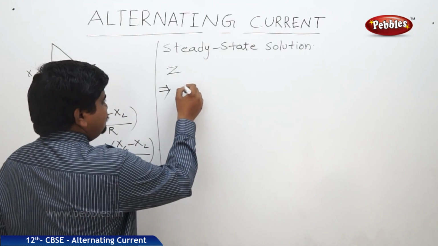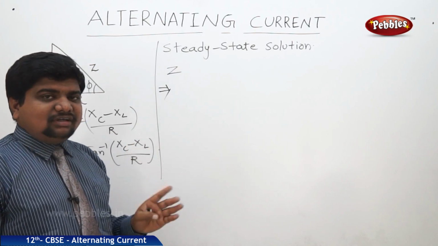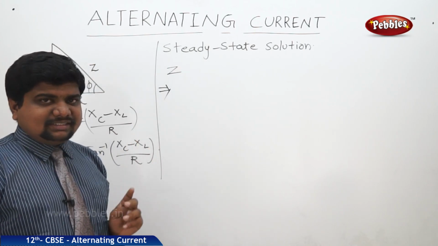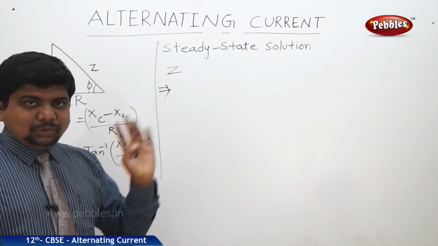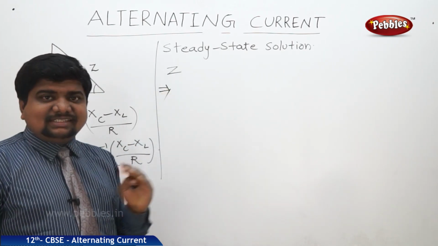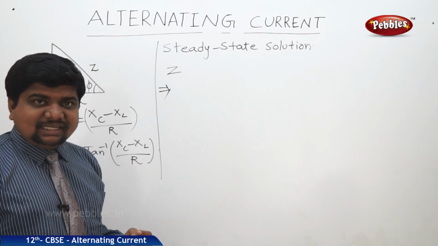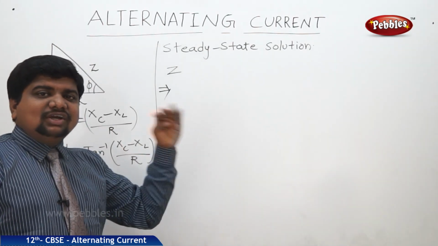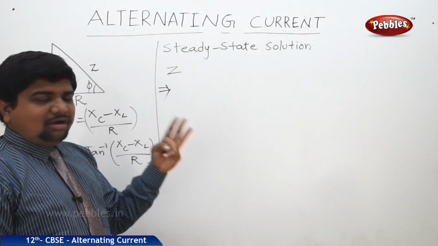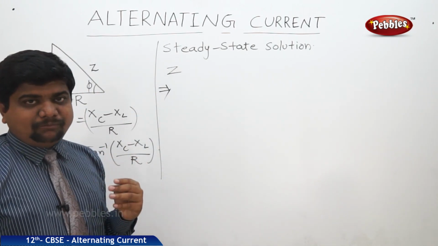Suppose this is an equation which is a combination of inductor, capacitor and resistance. When these three are connected in series to a power source, nothing but the AC source, the capacitor charges, keeps the charge inside and stores the energy. The inductor behaves like a magnetic field and the resistance opposes the flow. Three devices connected in the circuit behave differently.